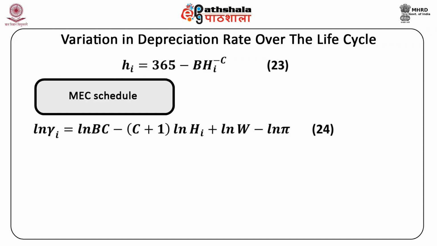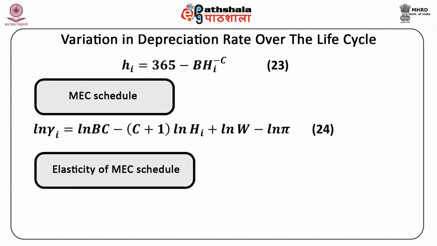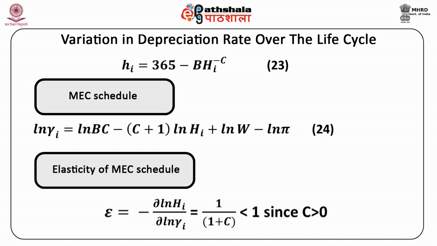Equation 24. The elasticity of the MEC schedule is given as epsilon equal to negative delta log Hi upon delta log Yi, which is equal to 1 upon 1 plus C, less than 1 since C is greater than 0.